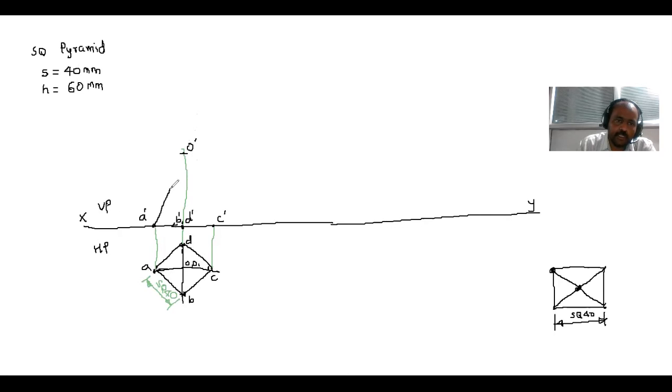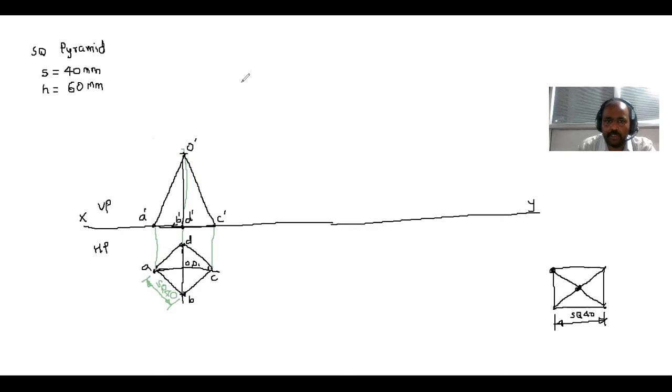So I join the lines from A dash to O dash, from O dash to C dash, and again from O dash to B dash D dash. So this is the front view of the object.